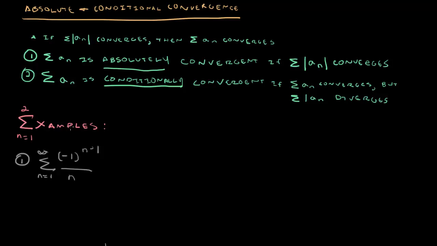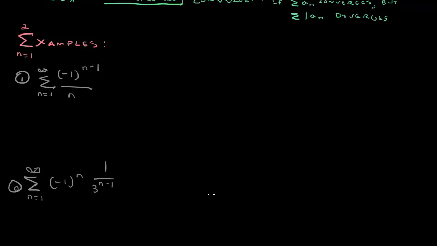So here are two examples. Example 1, here's your function, and I circled it for you. I'm going to write out a couple terms just so we can see how the series is behaving. So 1 would be the first term, minus a half, plus a third, minus a fourth, and so on.